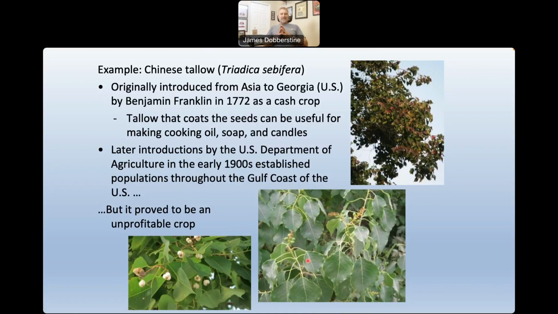Sometimes it's referred to as the Ben Franklin tree, actually, because Benjamin Franklin, yes, that Benjamin Franklin, the kite loving, electricity capturing founding father, he brought this tree. He spent some time in Asia and he was very impressed. In Asia, the tallow oil was utilized for a variety of purposes, to make soap, to make candles.